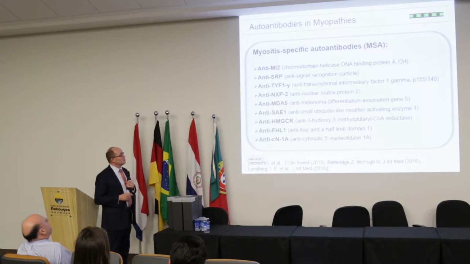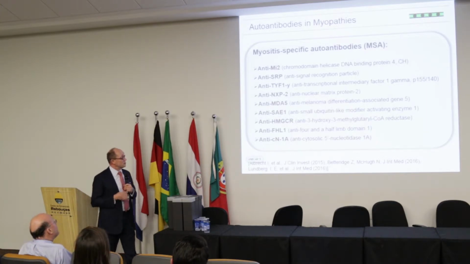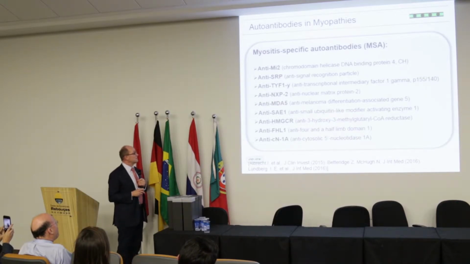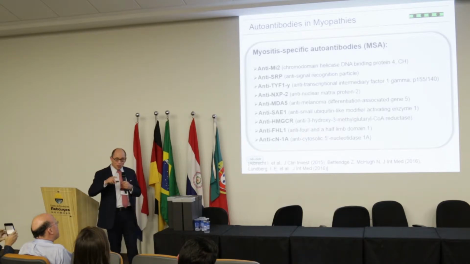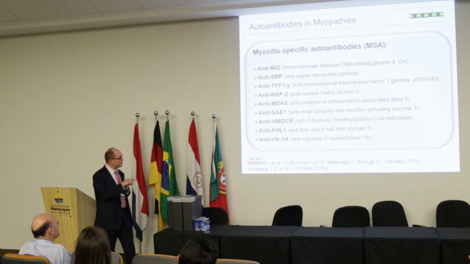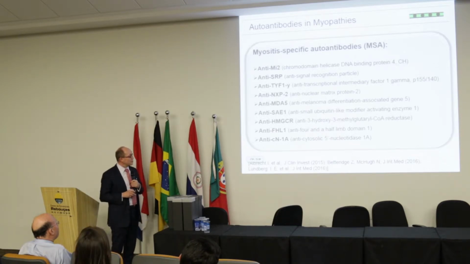Other autoantibodies in myopathies which are really specific for myositis are listed here: Mi-2, SRP, TIF1 gamma, NXP2, MDA5, SAE1. I'm going to show more details on each individual antigen in the next slides. HMGCR was just explained by Carlos.